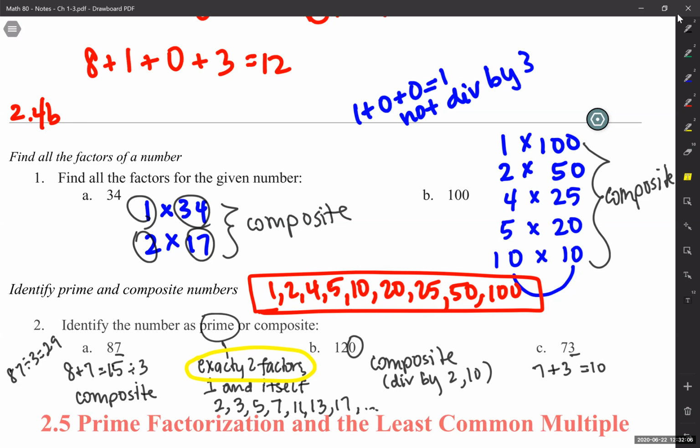You can check a few more numbers. Maybe check 7 and 11 on your calculator real quick, but don't check all the numbers on your calculator. Use the divisibility rules and then just check a couple more, couple higher numbers. But once you check that, we find out that the only way to get 73 is 1 times 73. So this is in fact a prime number.